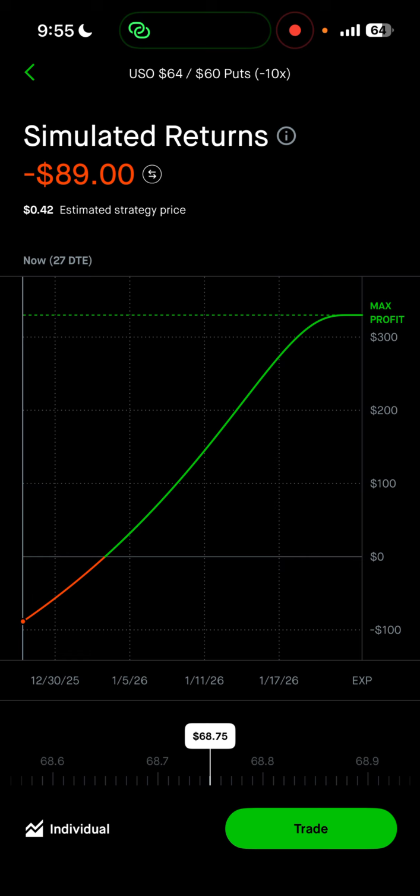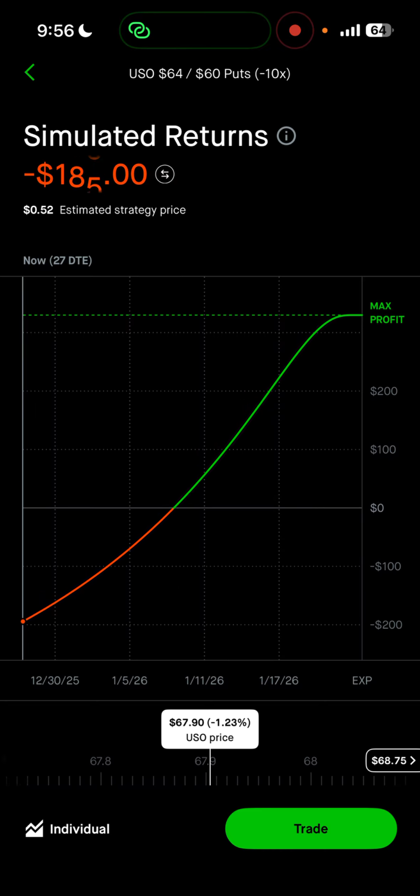The break-even point is 33 cents less than 64, so it's 63.67, which is good. That's a $5.08 drop from where we currently are, and that allows us some wiggle room, about an 8% drop before we start to lose money. So we're in a current max profit position.